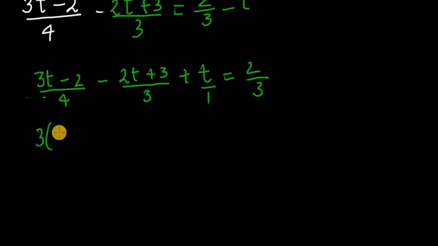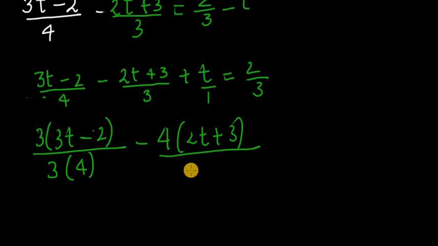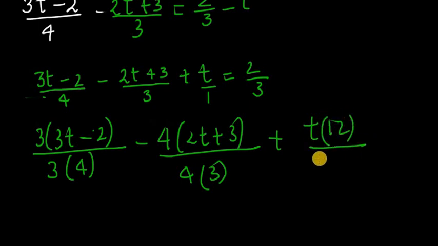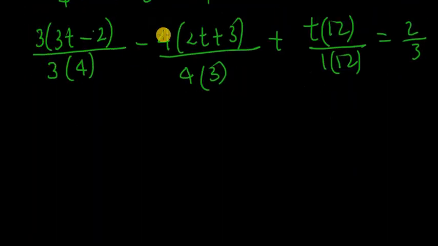So 3 into 3t minus 2 divided by 3 into 4, then minus 4 into 2t plus 3 divided by 4 into 3, plus t into 12 by 1 into 12 equals 2 by 3. We have multiplied each term so that the denominator will become 12.